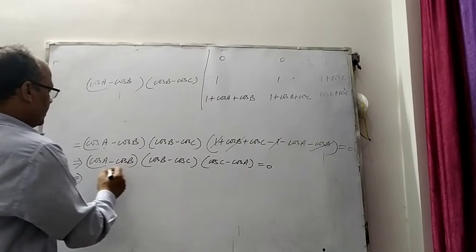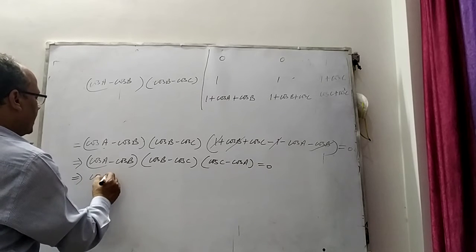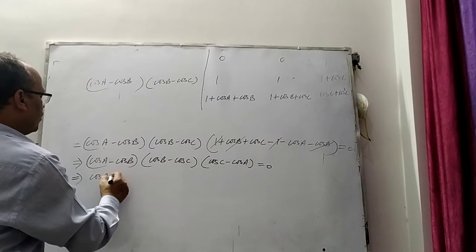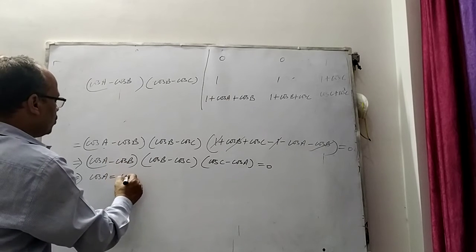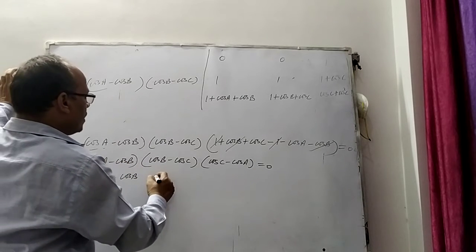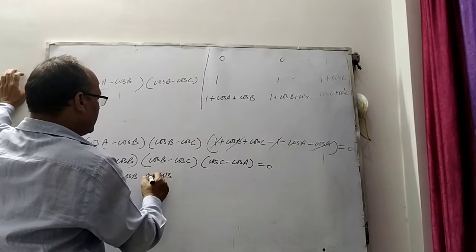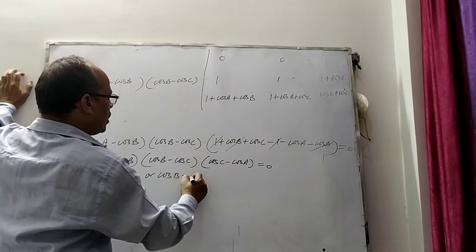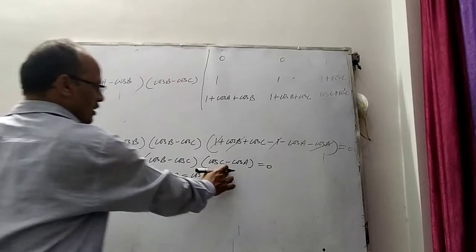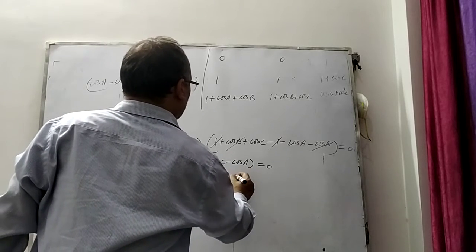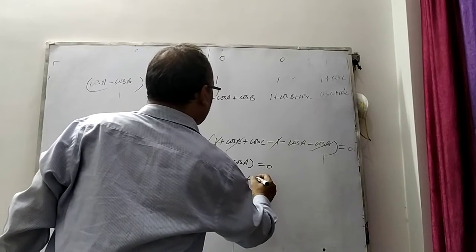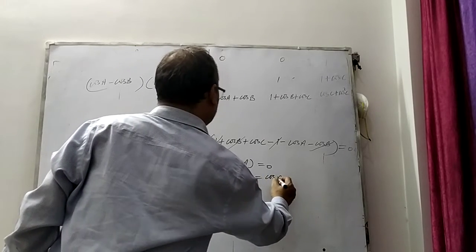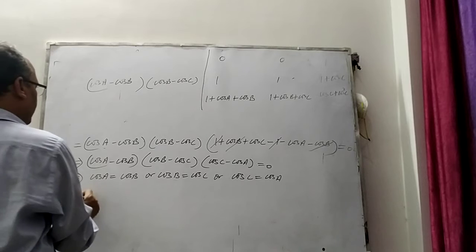So what do you get? Cos A minus cos B equal to 0. So cos A equal to cos B. Cos B equal to cos C. Or this equal to 0. So cos C equal to cos A. What will you get here?